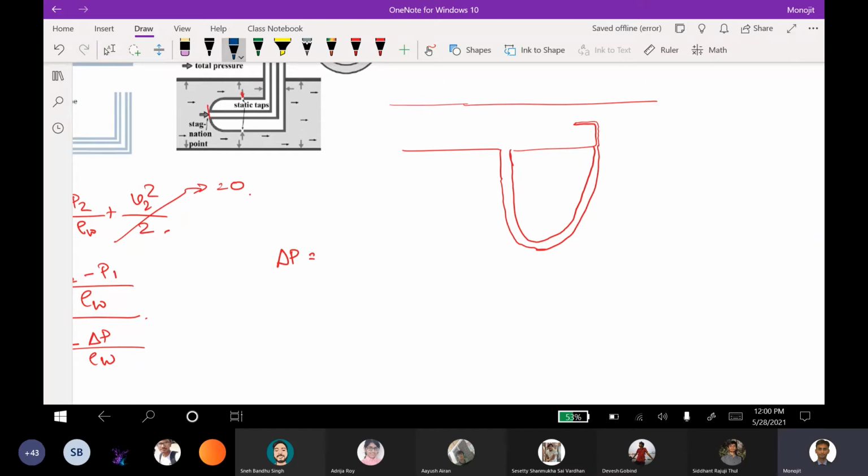So in which limb should the fluid height be greater? Let's mark it 1 and 2 so that you can answer. So where would the fluid height be more? 1 or 2? Suppose the manometric fluid I am marking is blue. So it should be something like this. Agree?